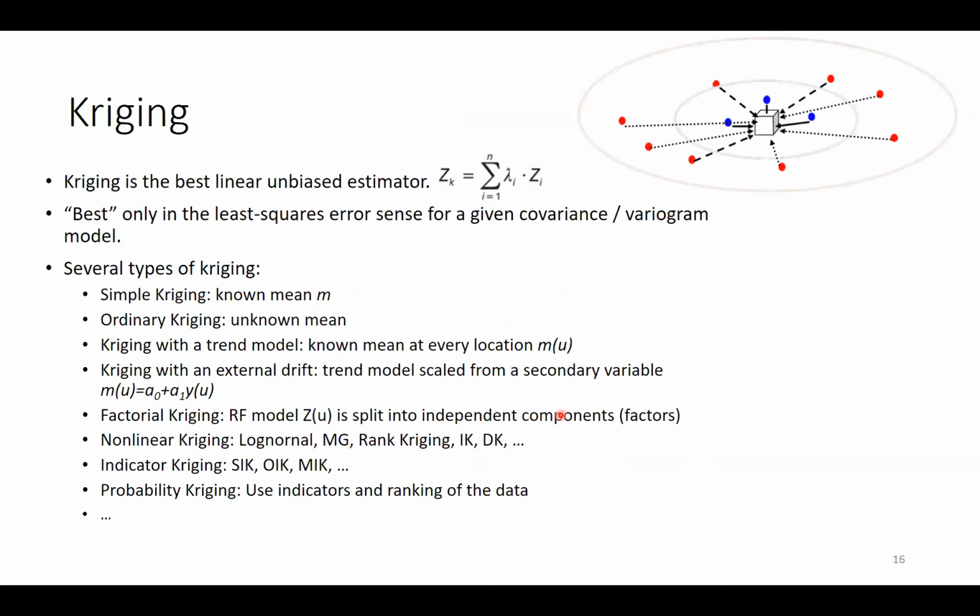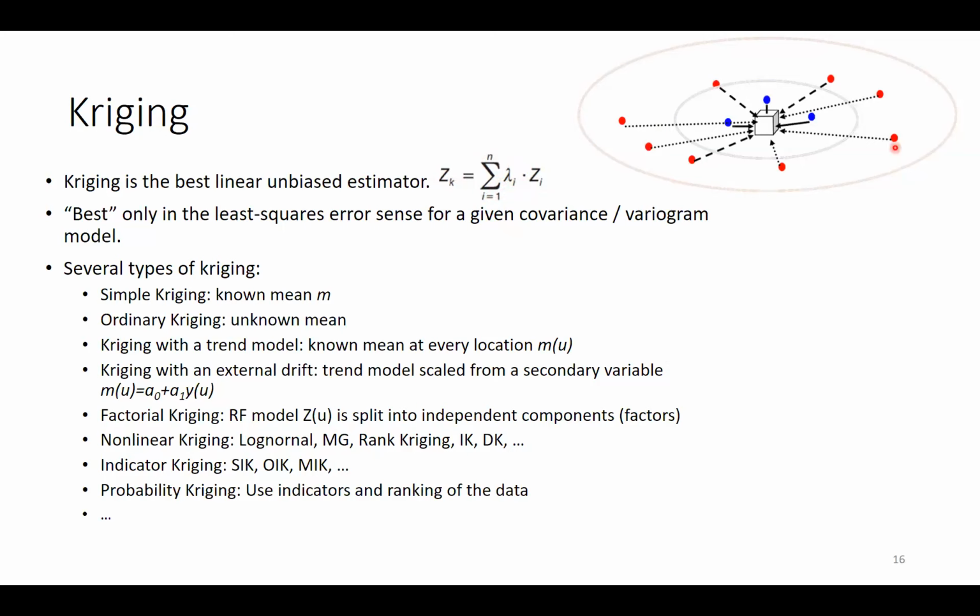In geostatistics, we would like to estimate the block or point with something a bit different. We use the Kriging method as the best linear unbiased estimator in geostatistics. Why do we call it linear? It's obvious that everything is linear in this form: K is the estimation value, the summation of different weights multiplied by the observations.